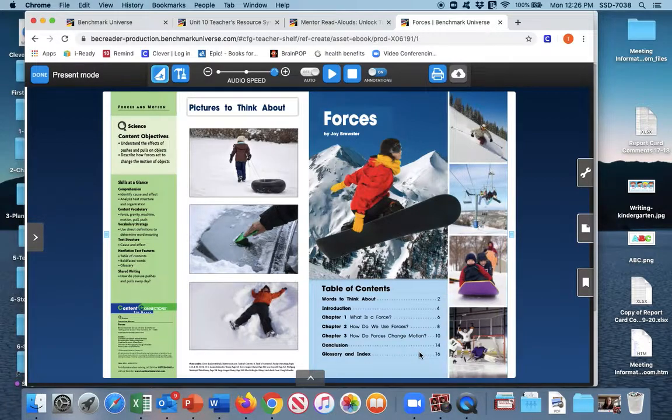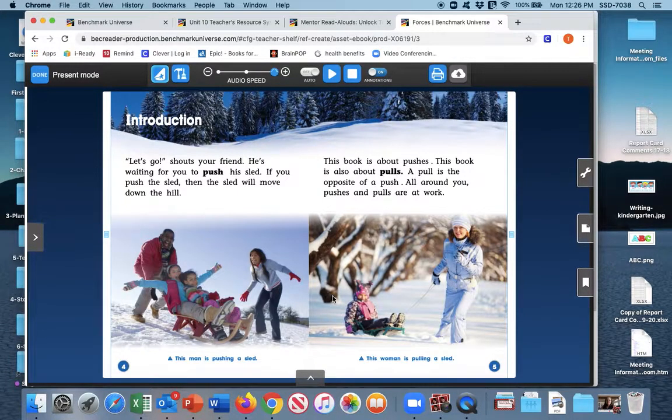Another feature, another lesson that we're going to be doing today is on opposites. If we look on page 4 and 5, we see the words push and pull. How can we understand the meaning of those words? Well, think about opposites or antonyms.